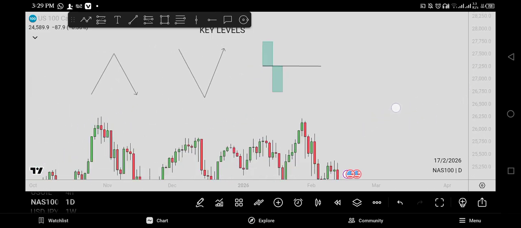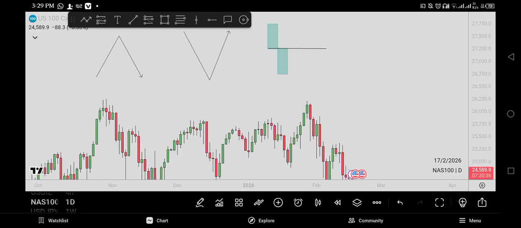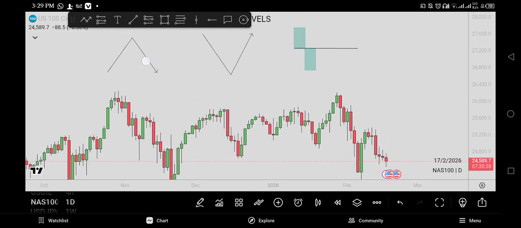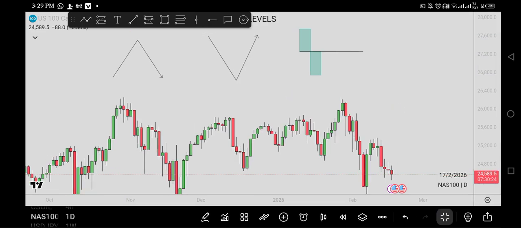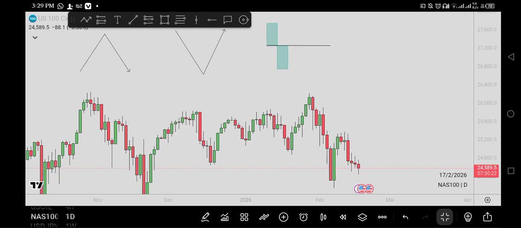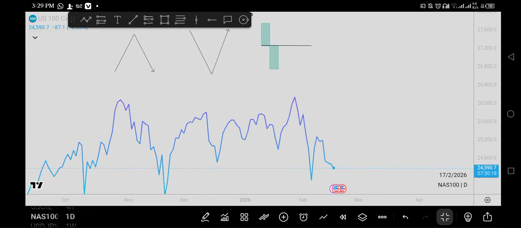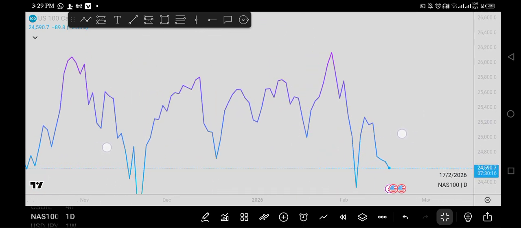I'll show you how you can find your A-shape key levels and your V-shape key levels. You might not necessarily see this on your chart, but if you switch to your line chart, it becomes quite easy.